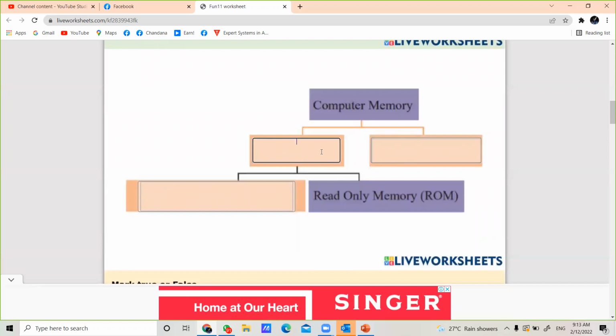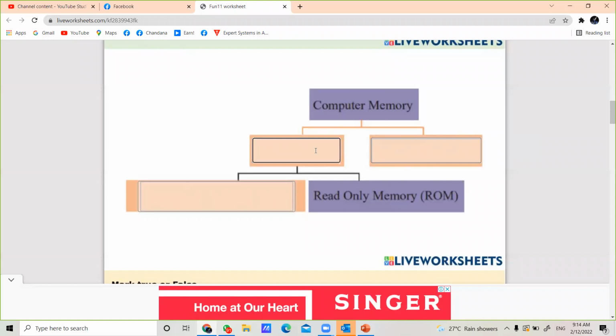Right, try to fill out this one and give me an okay message. Right, Nilakshi is okay. I think Chetana is doing that one.